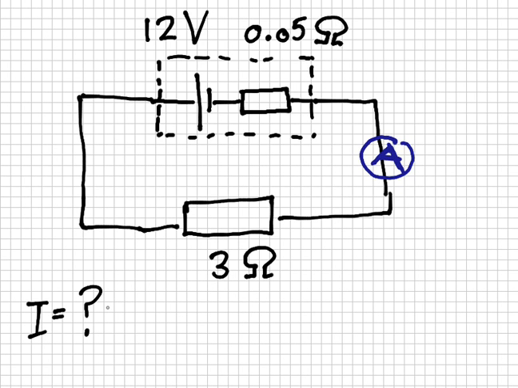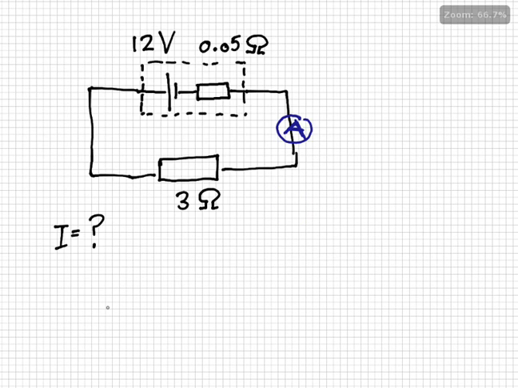Give it to me to 2 decimal places, please. What is it? Are you sure? It's 3.93. The formula you probably should use here is this one.